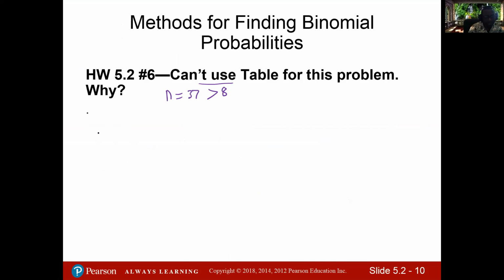Well, I can show you. The formula is the probability of X. In the example that we did, our n is 37, our p is 0.05, and our q is 0.95. The x is 0 or 1.